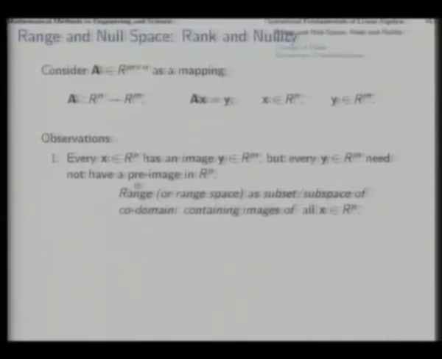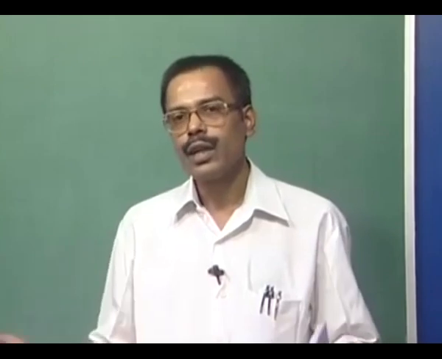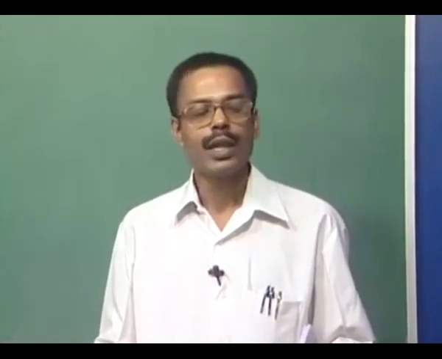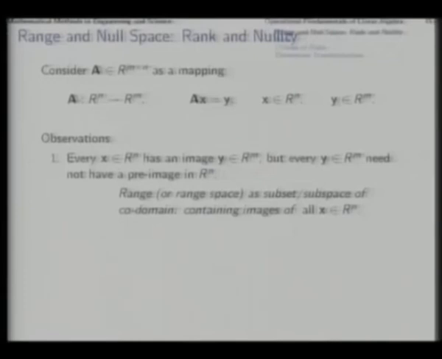That is the range of the linear transformation. In the codomain there may be larger space available, but the entire space available in the codomain is not used by the linear transformation A.